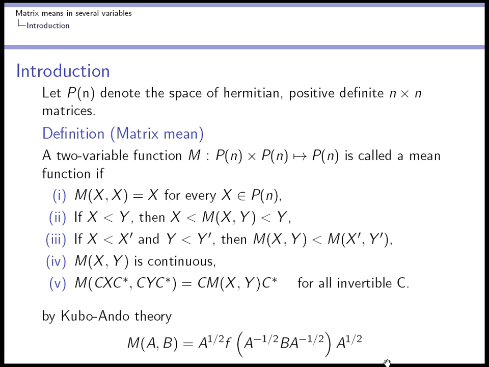Okay. One last question. I might have missed it from what you talked about, but what is the clear application? The geometric mean and algebraic mean have lots of applications. What is the clear use of these matrix means?